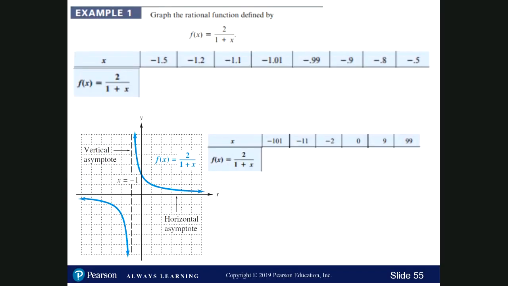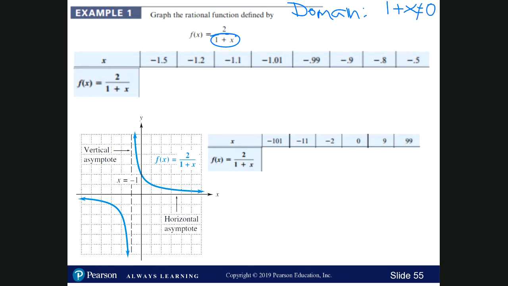So for example 1, we have a function 2 divided by 1 plus x. And first, let's just use what we learned from last chapter about finding the domain of a function. In this case, we take the denominator, which is 1 plus x, and we create an inequality that tells us that it cannot equal 0.